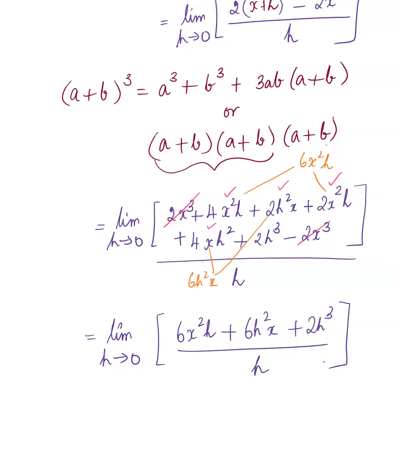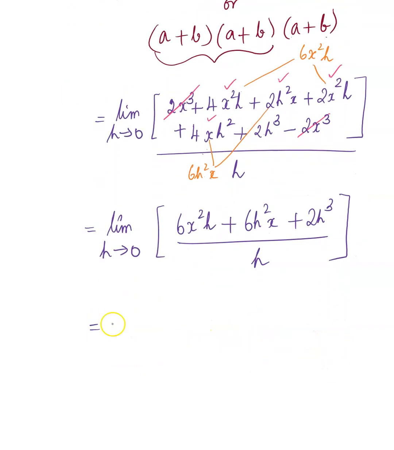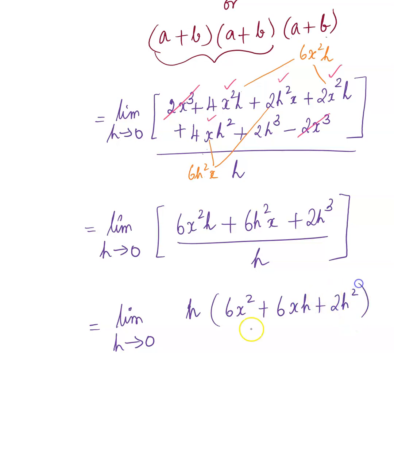After combining the like terms, this is what we're left with. And so if I pull out an h from the numerator, I can even pull out a 2, but it's only the h that's going to cancel it off, so it's not going to reduce it otherwise. So I have 6x squared plus 6xh plus 2h squared all over h.